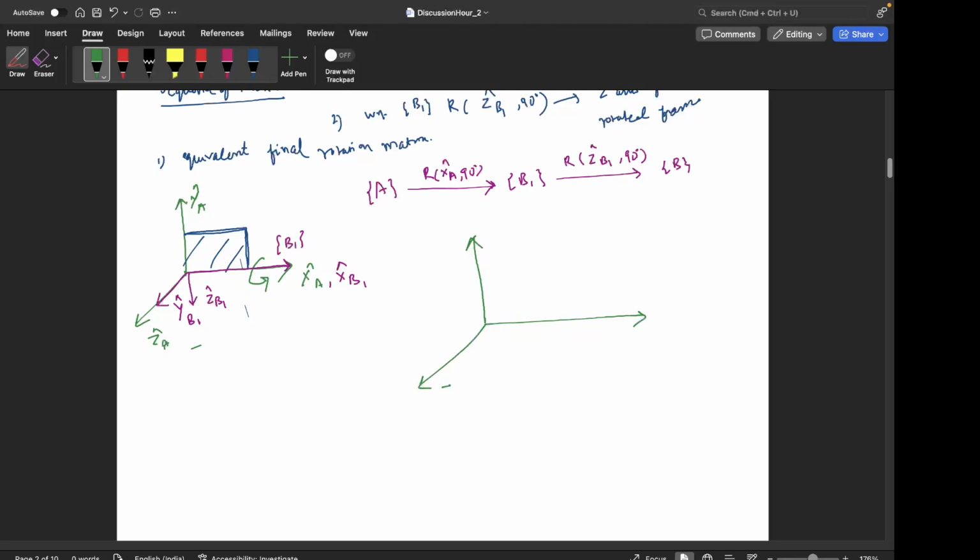Again, drawing the world frame first. Please let me know if anyone has any doubts and questions regarding this problem that we are discussing. Okay, so this is the world frame. Now the second rotation happens about the ZB1 axis. So this is the ZB1 axis, and we have to rotate anti-clockwise around that, right?